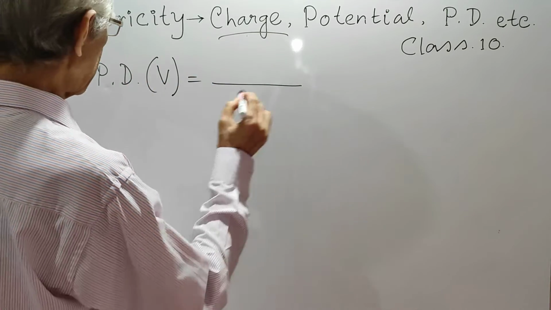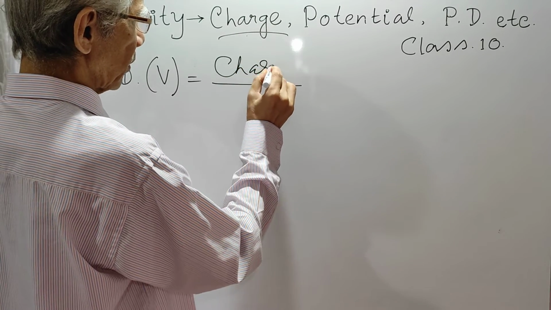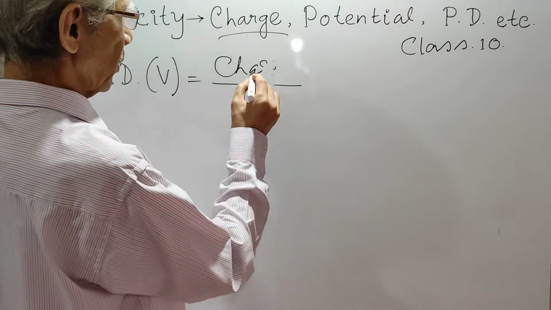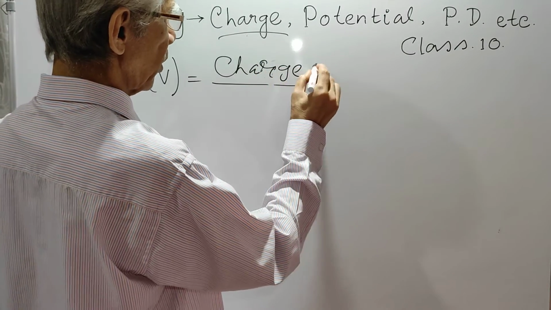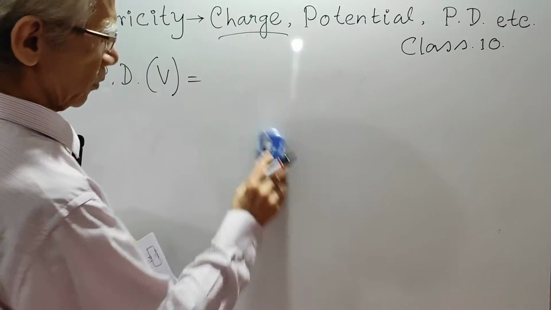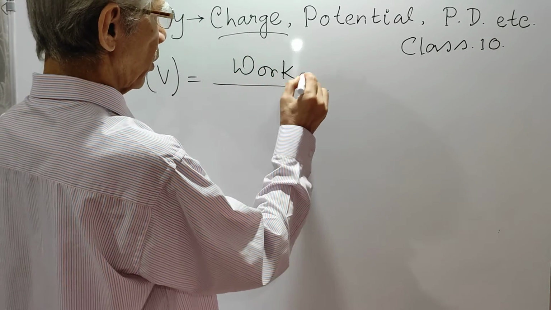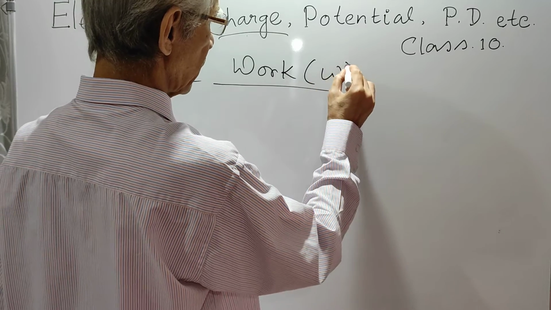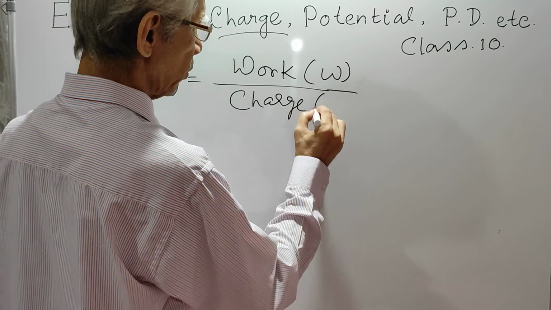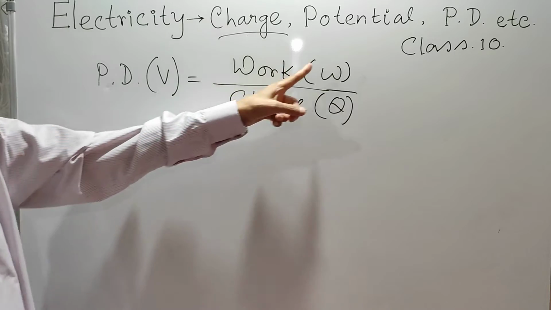So that is equal to work done, the symbol is W, divided by charge, the symbol is Q. So the formula you have seen is potential difference V equals W by Q.